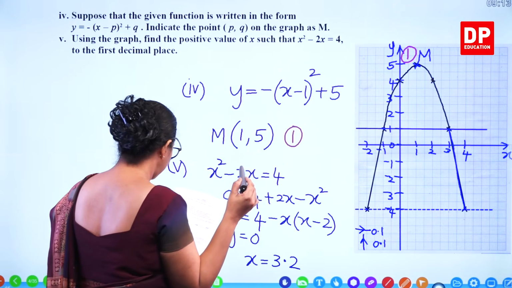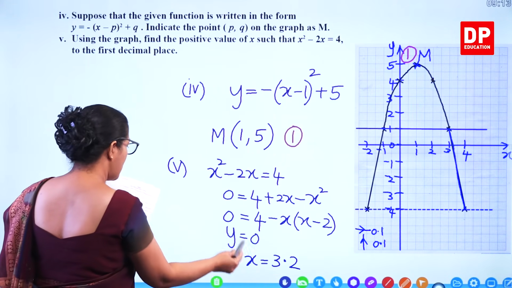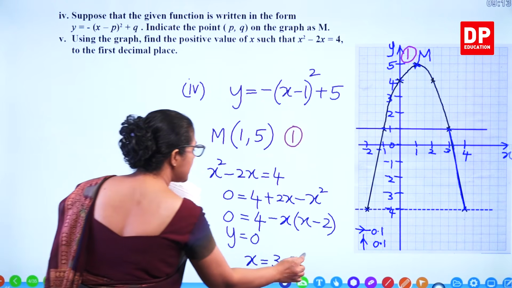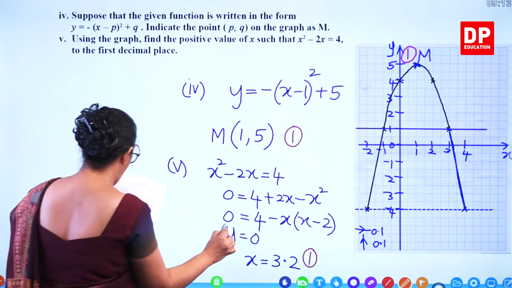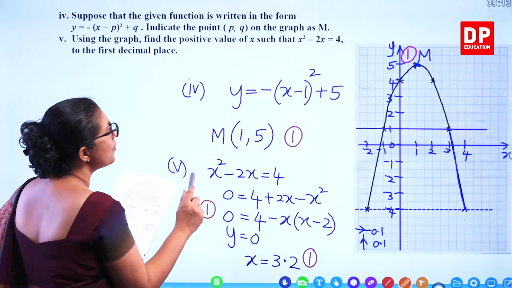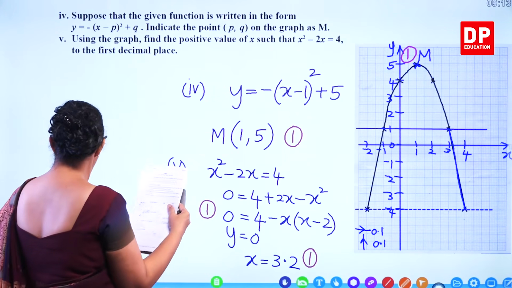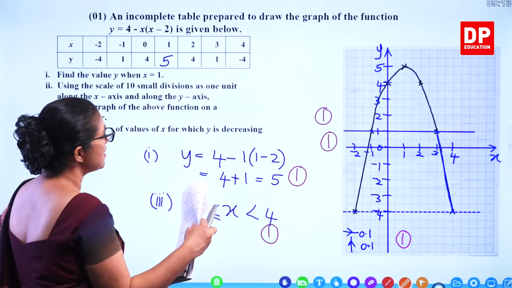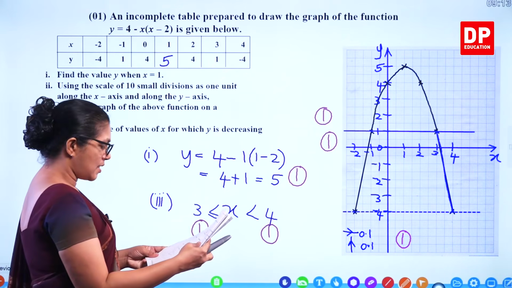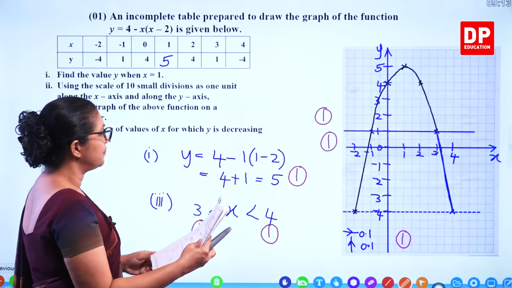And then showing this is y equals 0 and taking the positive value, that's 1 mark here. 2, 3, 4, 5, 6, 7, 8, 9, 10. So altogether 10 marks for this question.